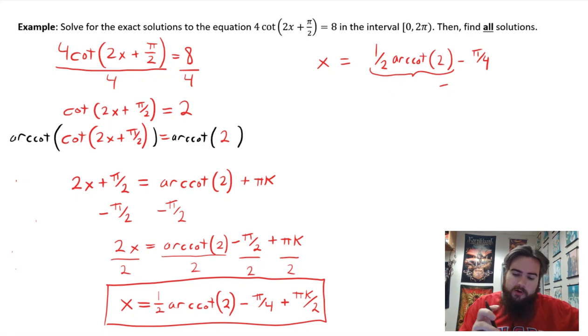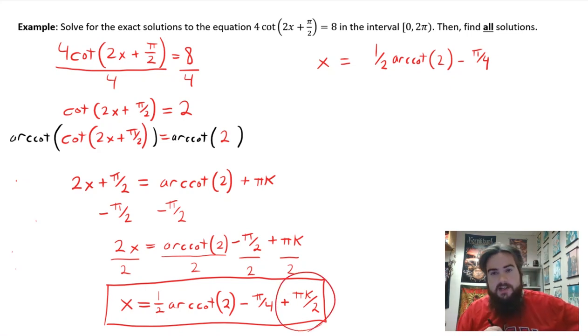Therefore, this first solution would not fit between 0 and 2 pi, we would need to consider adding one instance of pi halves to this to get the first solution. In this case, because I'm adding pi halves to this, I am going to simplify, because negative pi fourths plus pi halves just equals plus pi fourths.